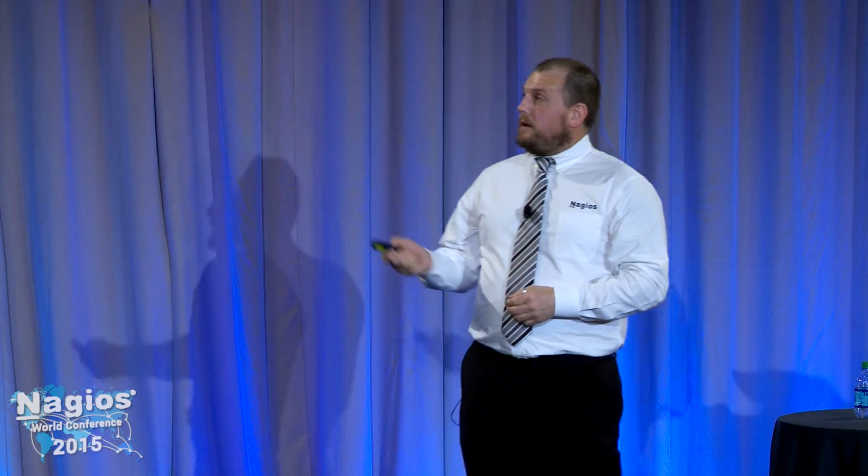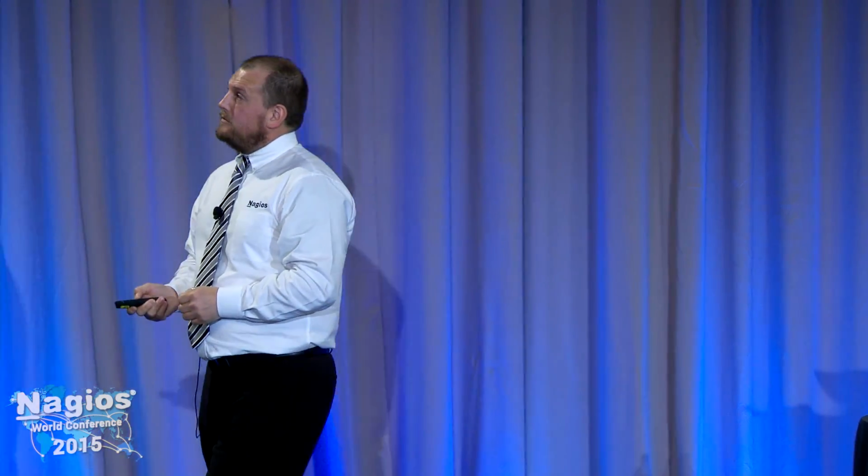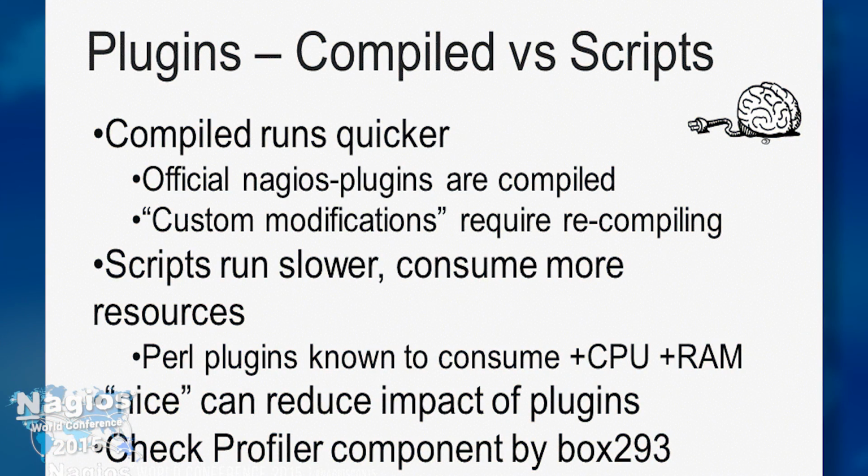If I've still got time, I can flick back and explain some of the other things I skipped past really quick. Mainly the plugins is a good one, where compiled plugins will run quicker, but they're harder to update on the fly. If you decide that you want to change how it outputs the information on the screen, then you have to go and edit the original source files, recompile and redeploy. But they're generally faster and use less resources. Scripts themselves will run slower because they run more modules and they use more than you really need sometimes.